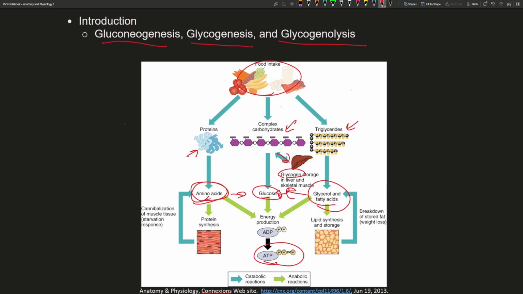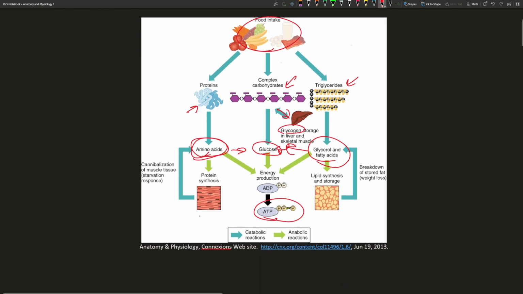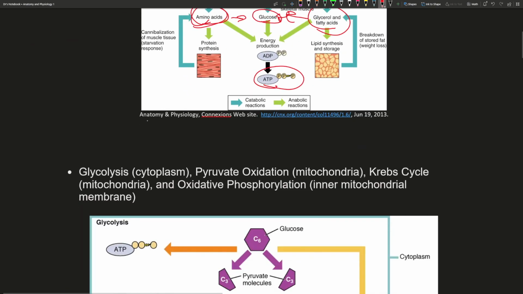So genesis is formation, glucose. Gluconeogenesis, the formation of new glucose. And then that can feed in for ATP production because your body wants to keep those glucose levels in your blood stable. If they're dropped from not enough carbohydrates in your diet, it will pick them back up for you. So those are the first couple terms right there.